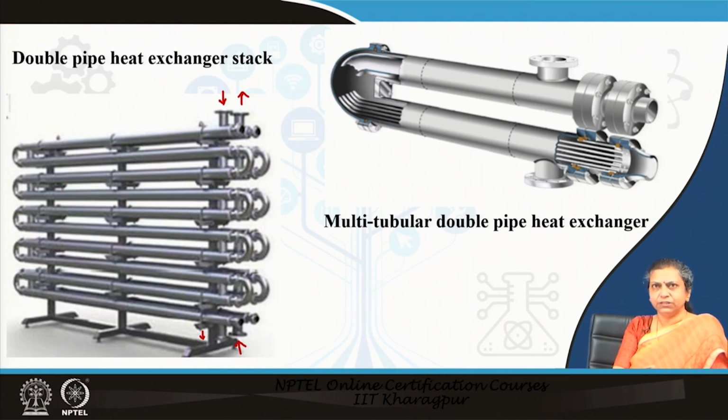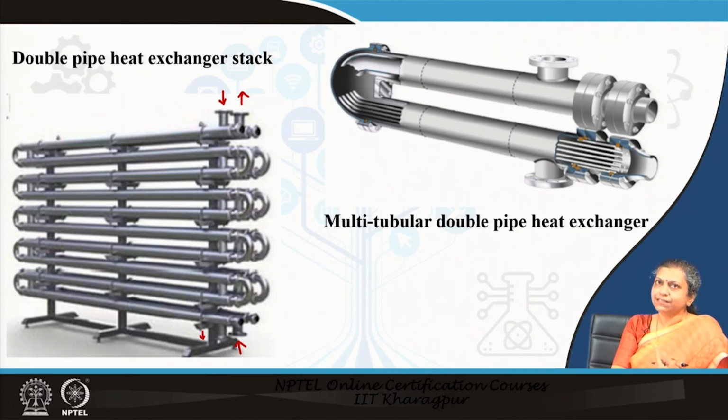Therefore, in order to reduce the pressure drop per unit length of the heat transfer area, instead of introducing the entire flow at one place, we can divide the flow into different sections of the tube, so that the flow gets reduced and the pressure drop limitation can be respected.